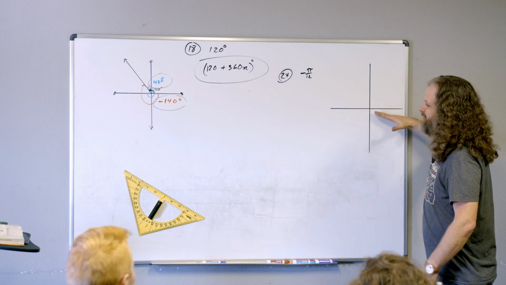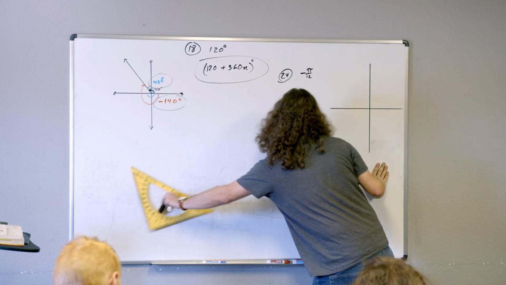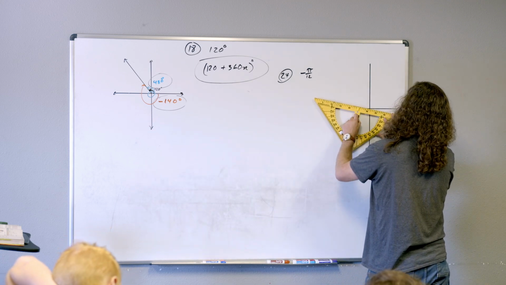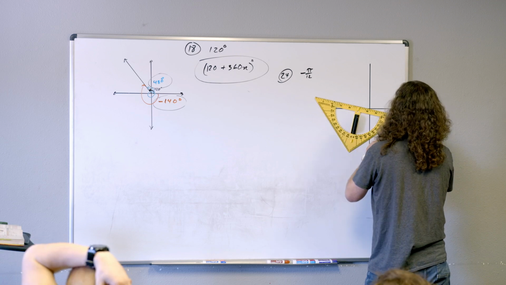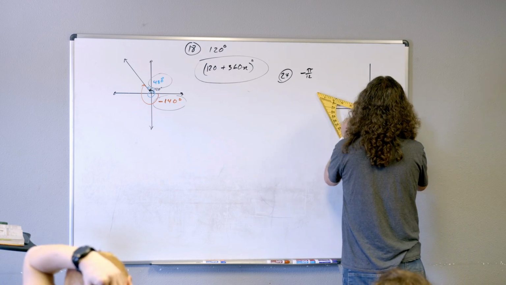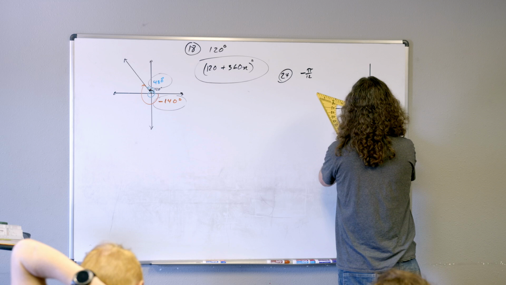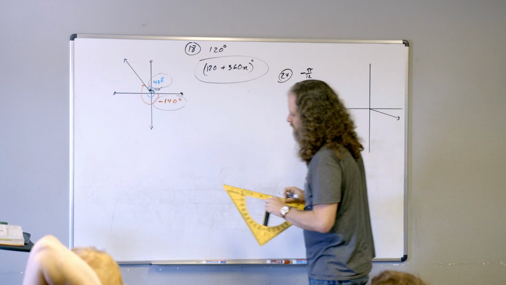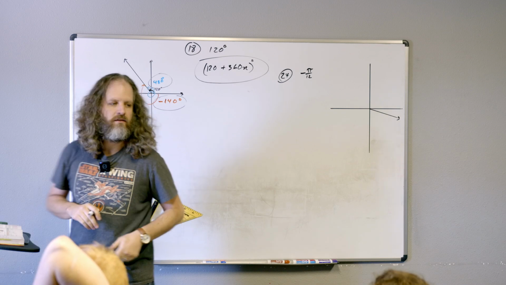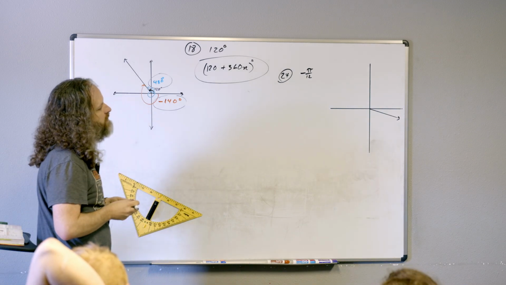But this is less than that, so it's over here somewhere, about like this-ish. Oh, radians are so much easier to think about.